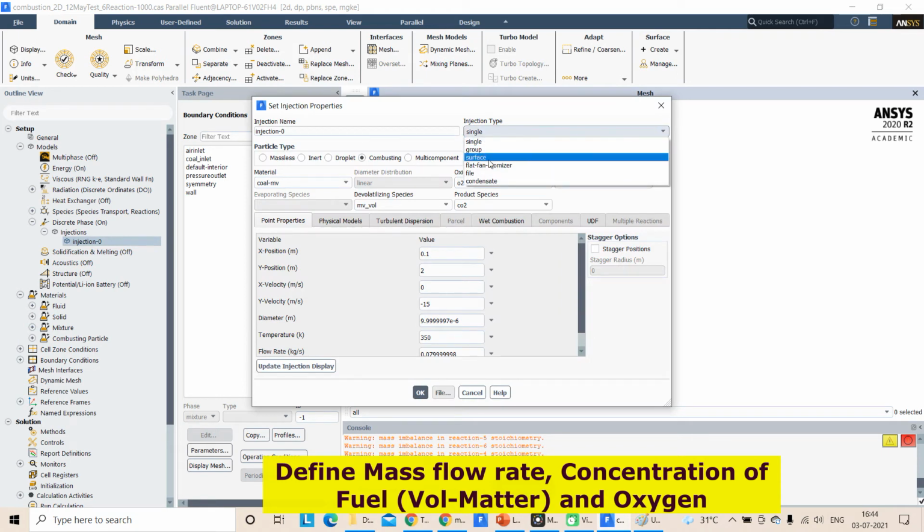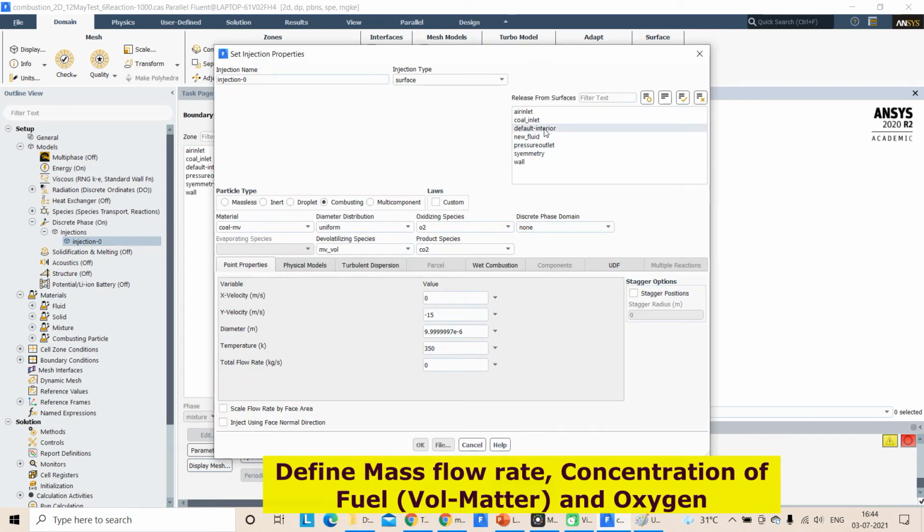Then select the injection from the surface, from the coal inlet, and once it is selected, you have to select the particle type as combusting particle. Coal, mass of volatile matter is a combustible particle.